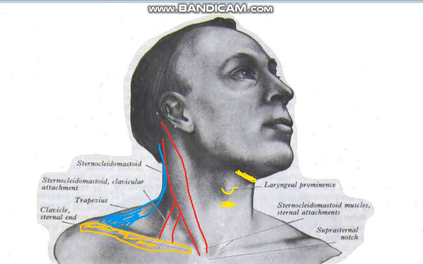This is the clavicle over here, and somewhere here is the suprasternal notch. This over here is the suprasternal notch.